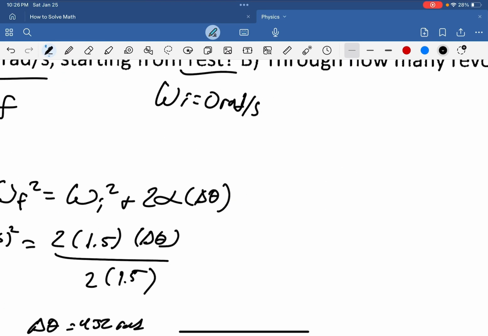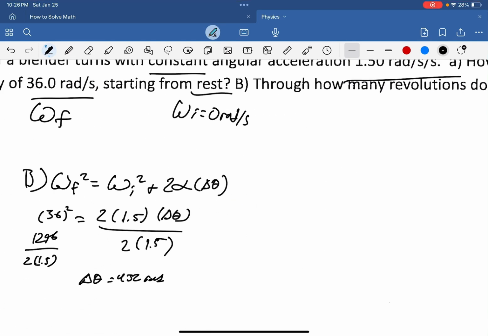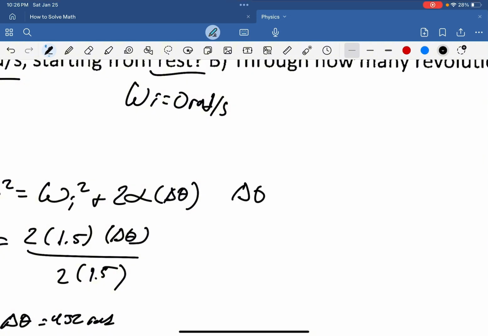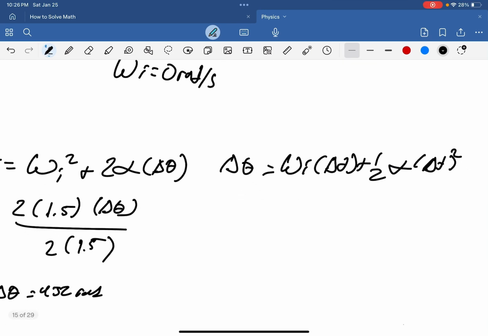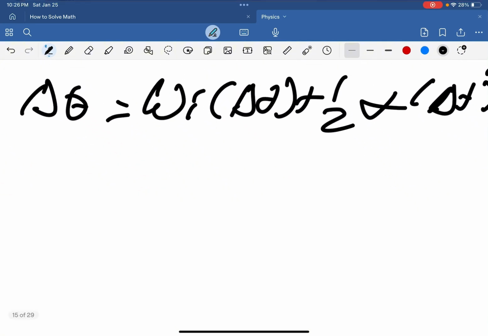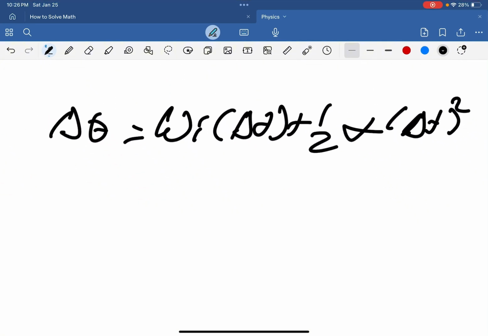Now let's see if this is true. By using this equation, change in theta is equal to omega I change in time plus 1/2 alpha change in time squared. Since omega initial is 0, we're just going to focus on 1/2 times 1.5 times 24 squared.